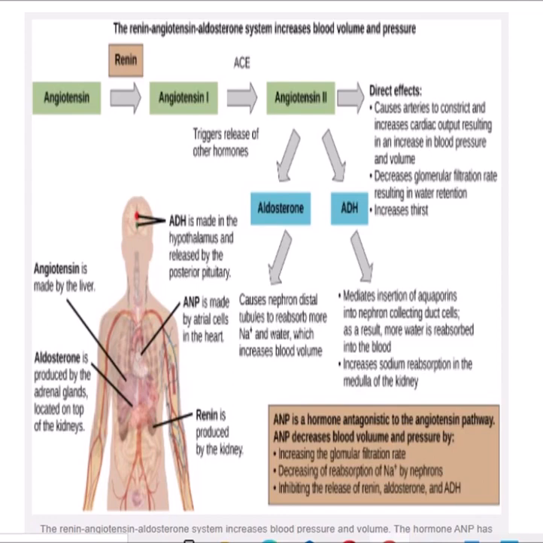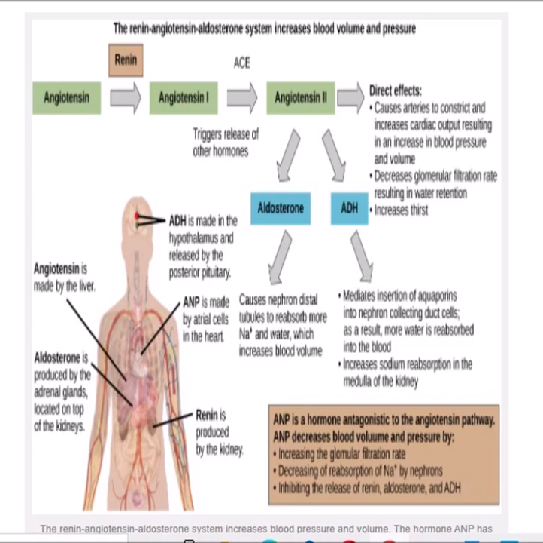It also triggers the release of the mineralocorticoid aldosterone from the adrenal cortex, which in turn stimulates the renal tubules to reabsorb more sodium.